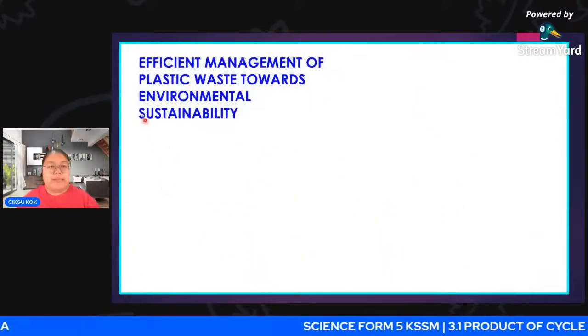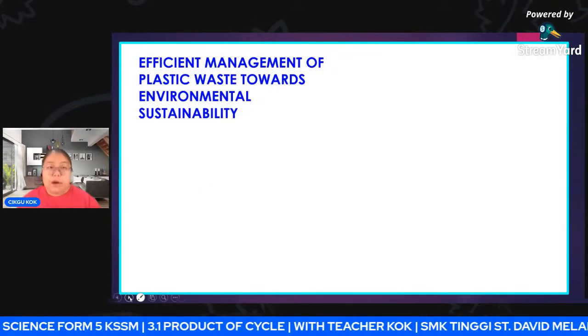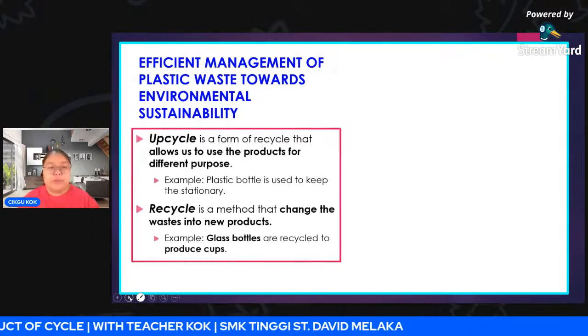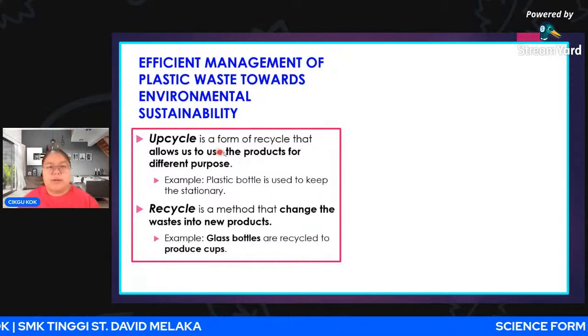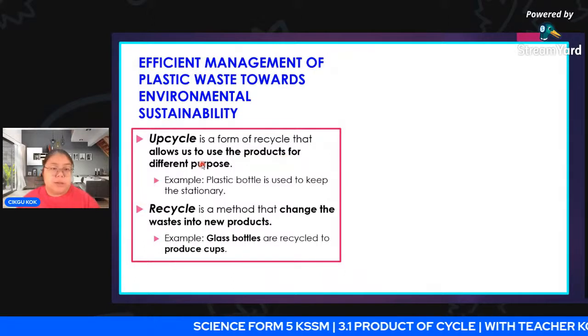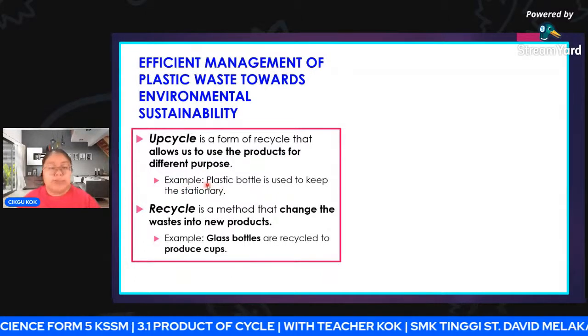Okay, now we're going to see the efficient management of plastic waste. Plastic waste is also one of the things that will pollute our environment. First one is upcycle. Upcycle is a process that allows us to use the product for a different purpose. For example, a plastic bottle is used to keep stationery.